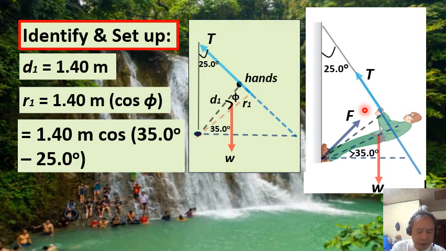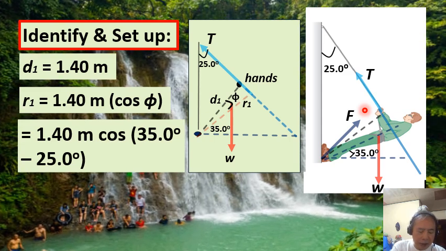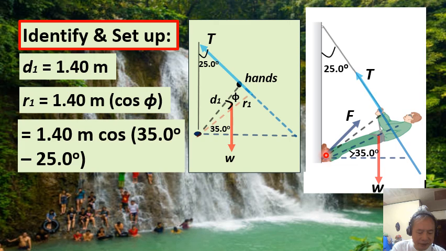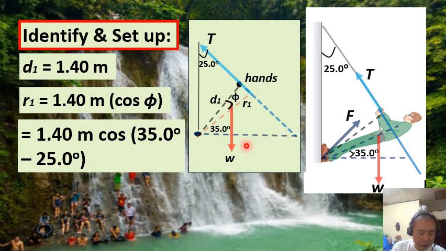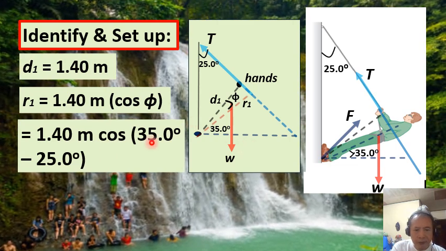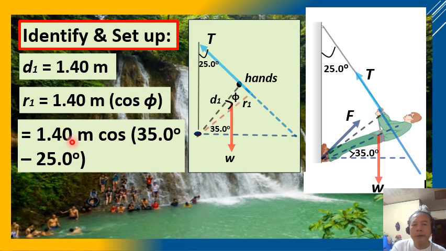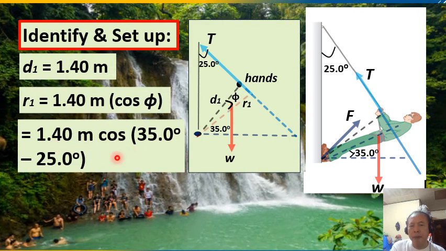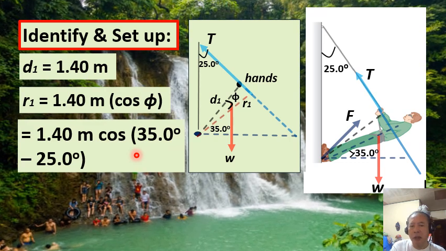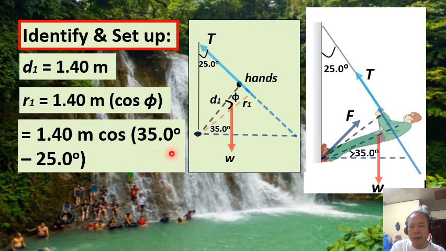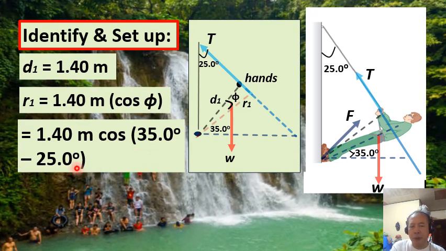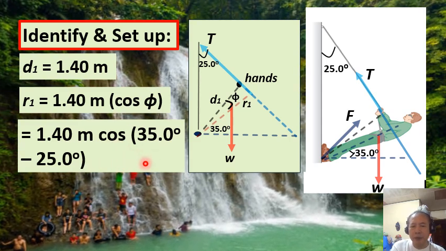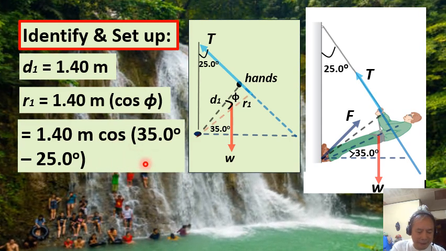So the perpendicular line r sub 1 can be expressed as the value of d1, which is 1.40 meters, multiplied by the cosine of the angle 35.0 degrees minus 25.0 degrees, or that is cosine of the angle 10.0 degrees.